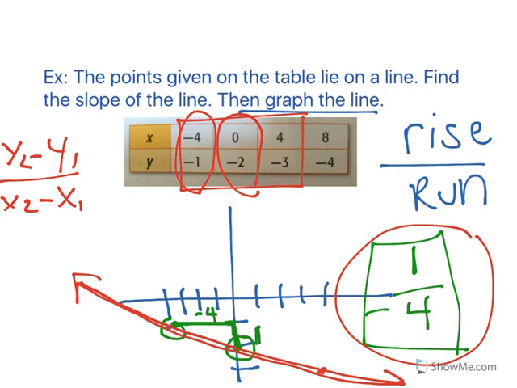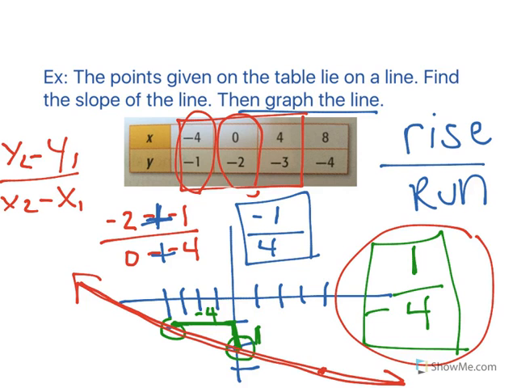So my y2 is going to be -2 minus -1, all over my x2 minus my x1. To solve this, remember these just change to a plus sign. So -2 plus 1 is going to be -1. And then 0 plus 4 is 4.